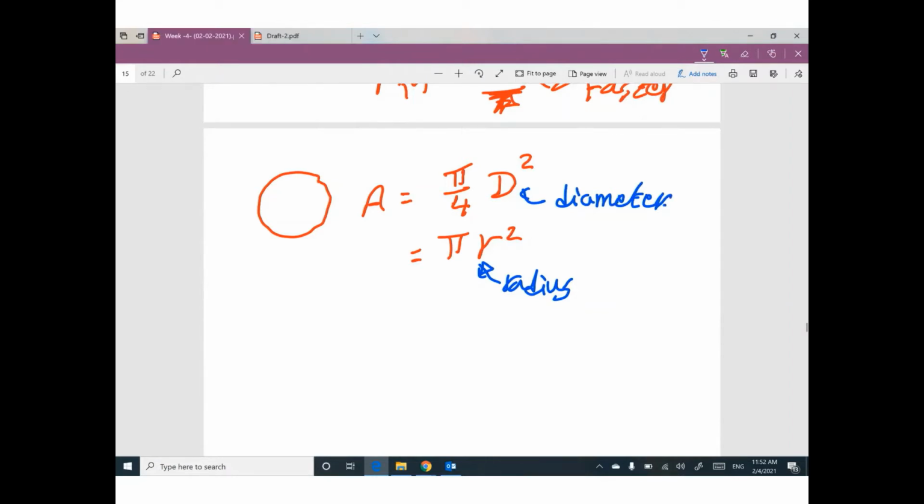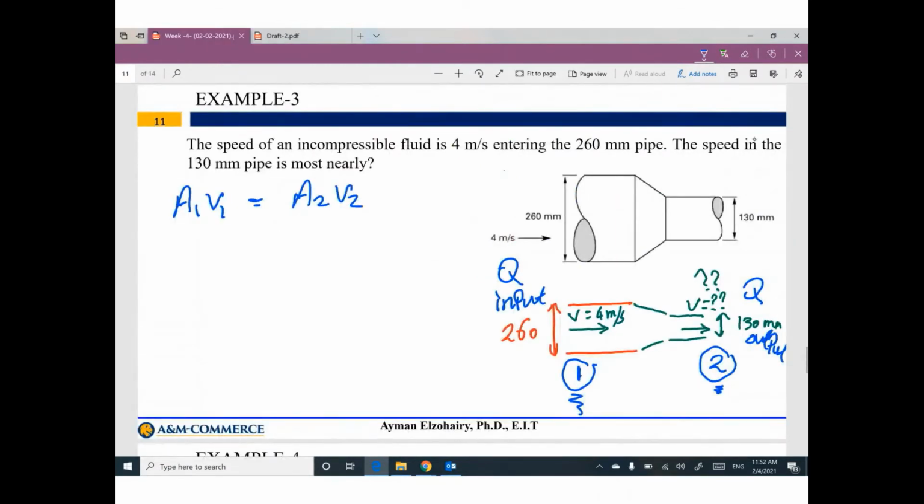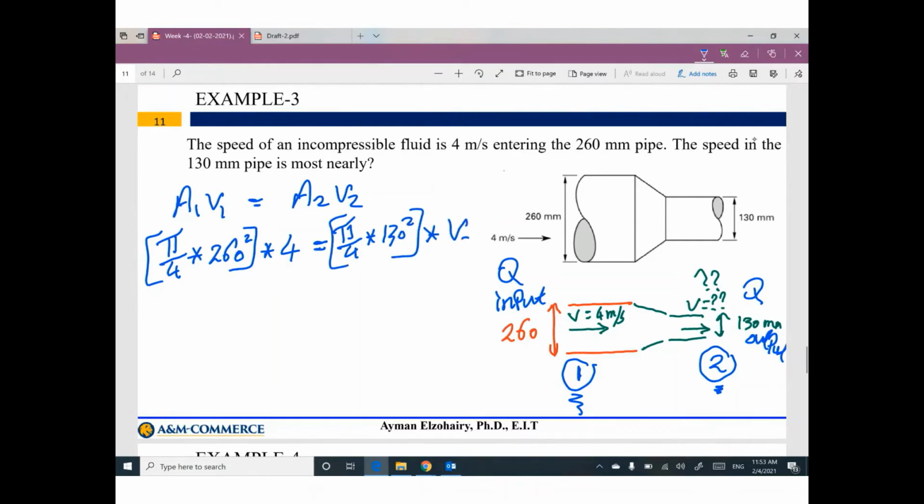So keep it in your mind, please. So area 1 will be pi divided by 4 times 260 squared, times V1, which is 4 meters per second, equals area 2, pi divided by 4 times 130 squared, times V2.